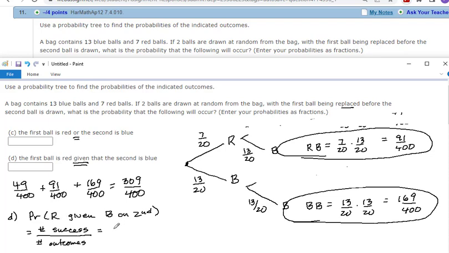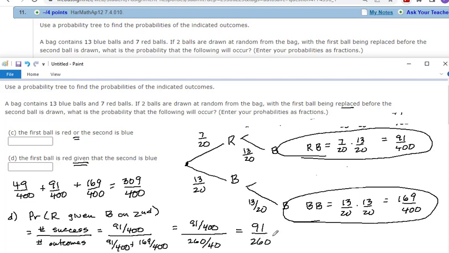Success would be red on the first ball. That's 91 out of 400. Out of total outcomes is the combined probability here. 91 out of 400 plus 169 out of 400. That's 91 out of 400 over 260 out of 400, which makes 91 out of 260.